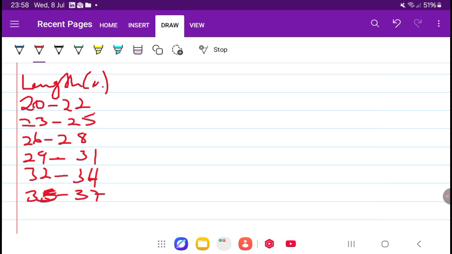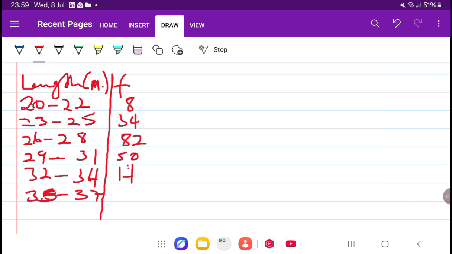From this first information, what you have to get is the class interval, because you know the formula. We have now the frequency. I'm just going to call it F. So this was 8, this is 34, this is 82, this is 50, this is 14, this is 12.